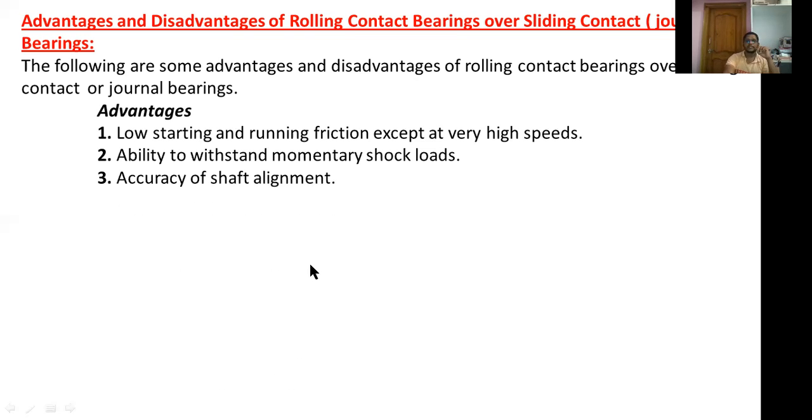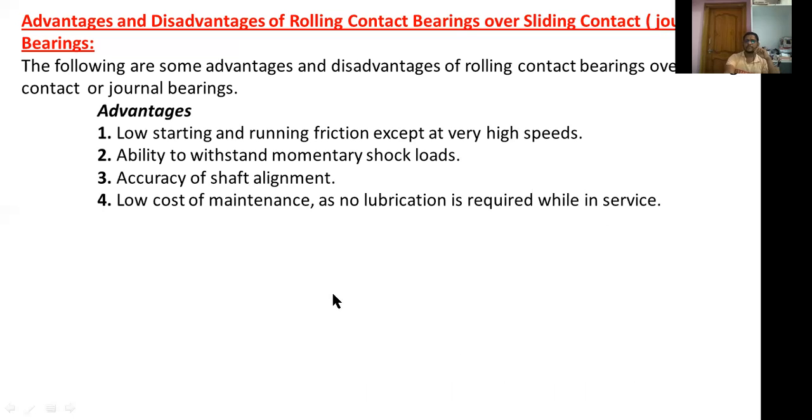These ball bearings or roller bearings have high accuracy of shaft alignment. That's why these ball bearings or roller bearings are widely used in our mechanical machineries.